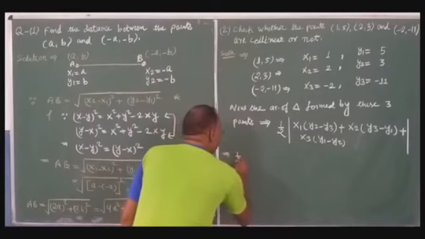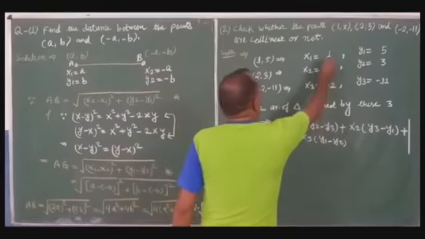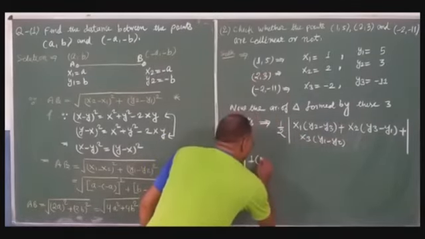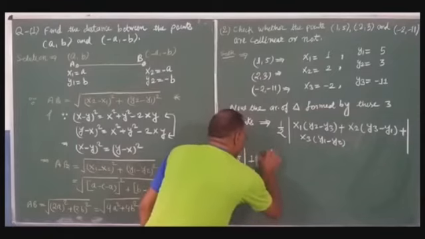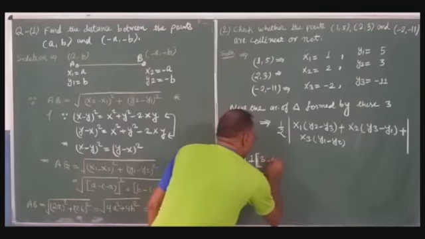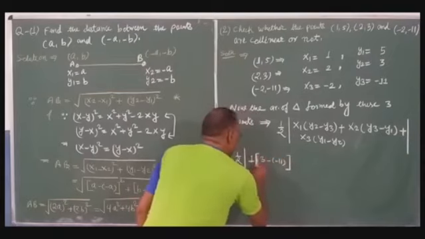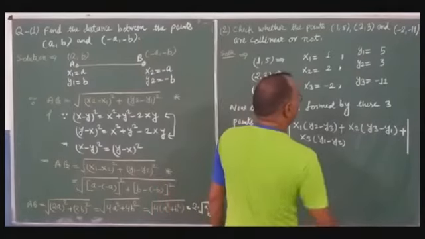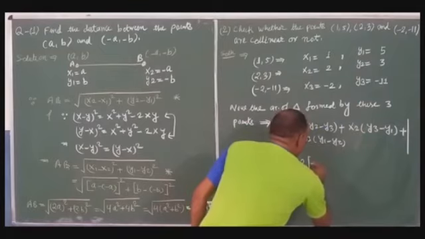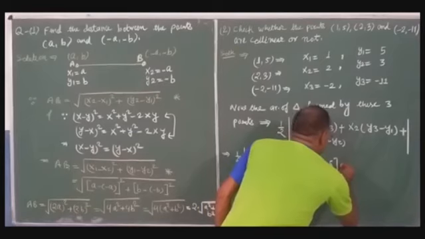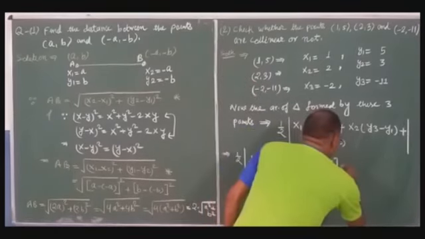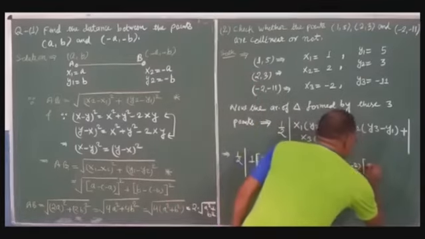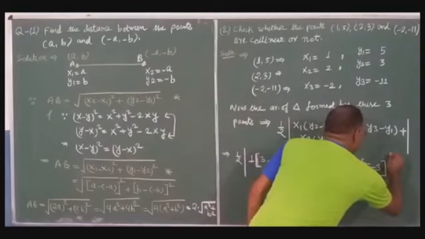That is 1 upon 2, x1 is 1, multiplied by y2 minus y3, which is 3 minus minus 11, plus x2 is 2 multiplied by y3 minus y1, which is minus 11 minus 5, plus x3 which is minus 2 multiplied by y1 minus y2, which is 5 minus 3, and this is the mod.